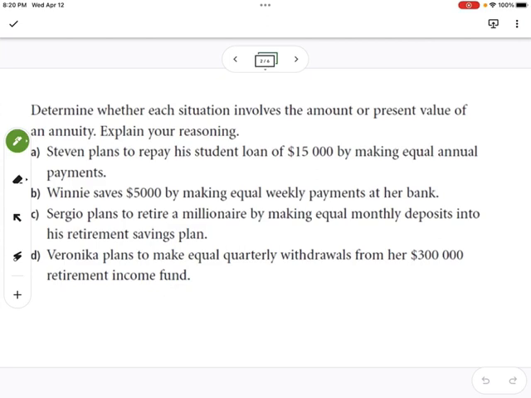Okay, so we want to think if we have a present value with the future value being 0, or if we're starting off with $0 and we are going to have money in the future. So here, Stephen is starting off with a loan of $15,000, and then he's going to pay that off, so the future value is going to be 0. So this means we would use the present value formula for A.